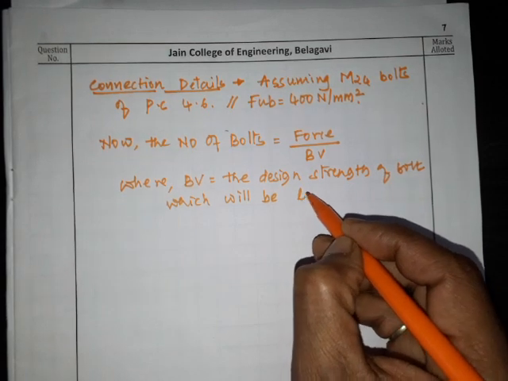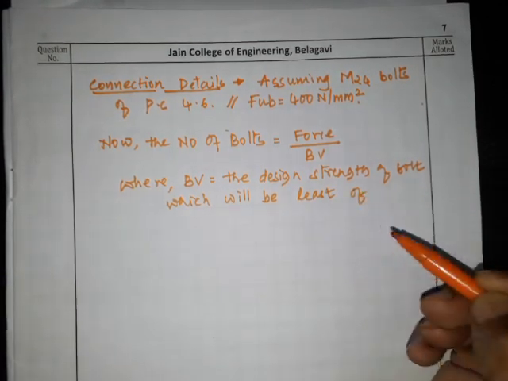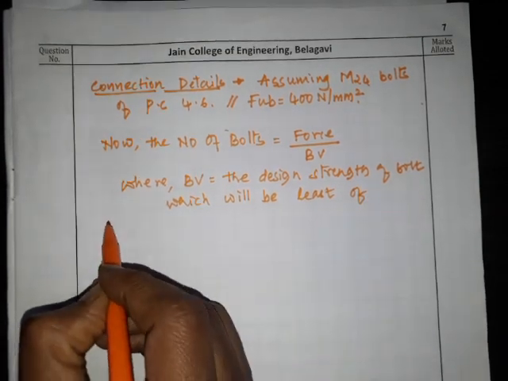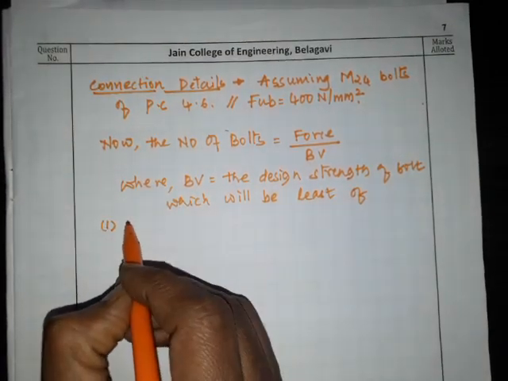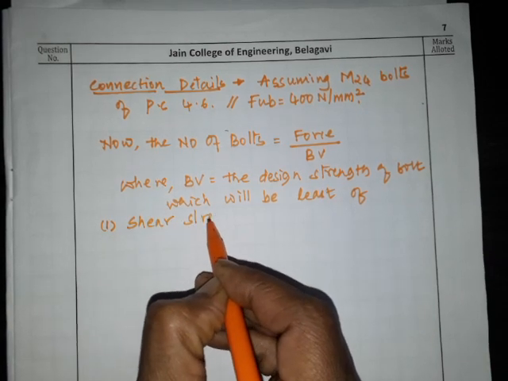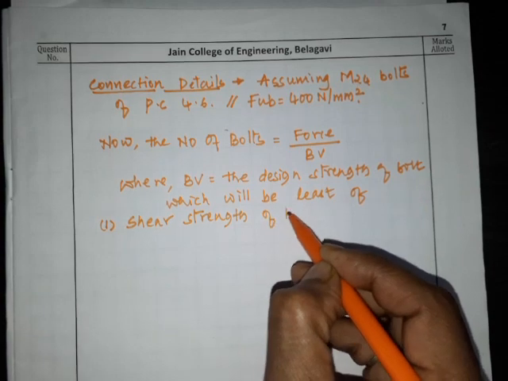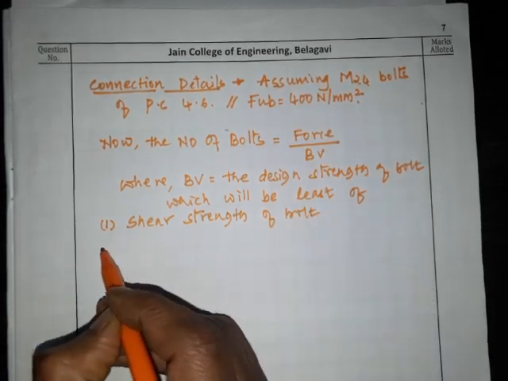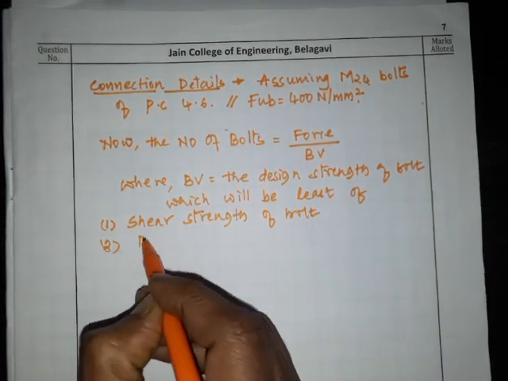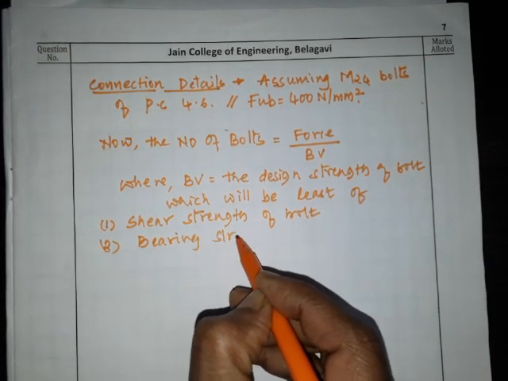The design strength of bolt will be the least of, first, the shear strength of bolt, and second, the bearing strength of bolt.